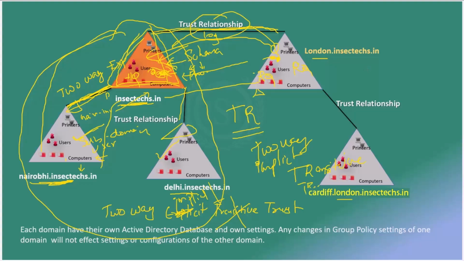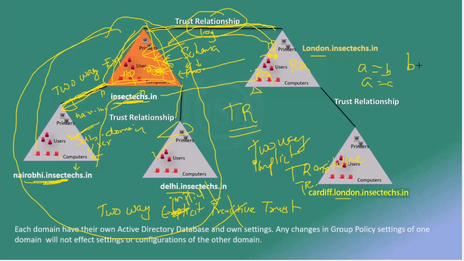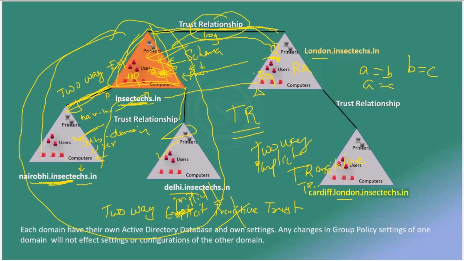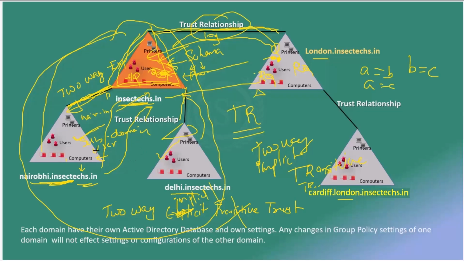You have learned in school days that if A is equal to B and A is equal to C, then automatically B will be equal to C, okay. It means that if nairobi.insectex.in has a trust relationship with the headquarters, and delhi.insectex.in has a similar trust relationship with the headquarters, then these two offices have a logical trust relationship between each other, and this is a two-way implicit transitive trust relationship.